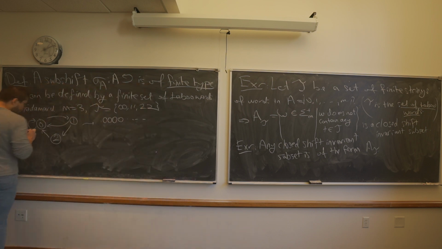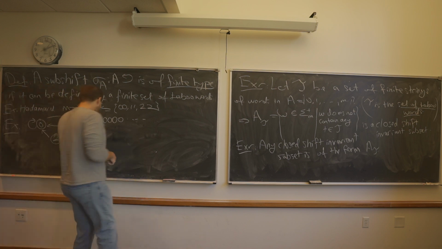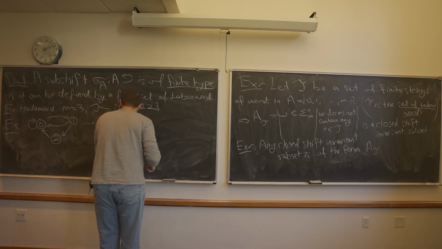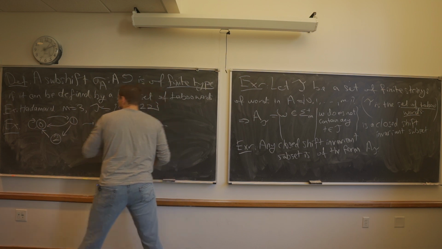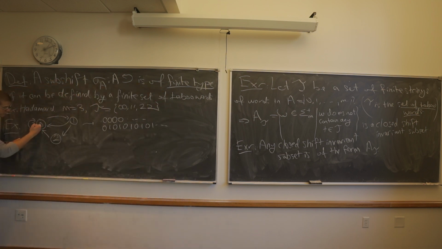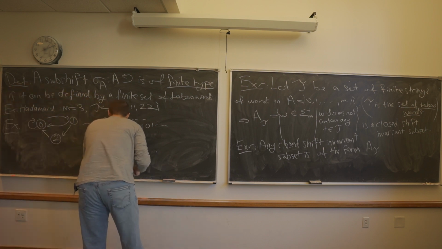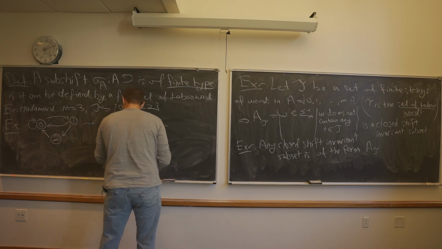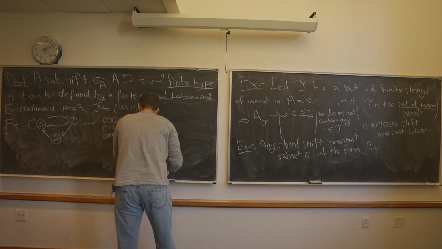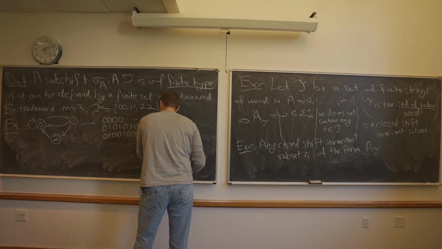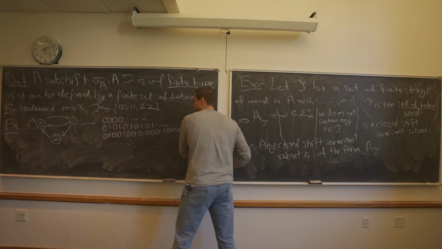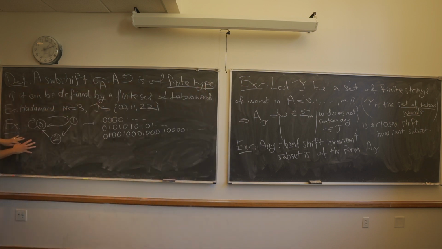But also, I can do something like this, for instance. I can go from 0 to 1, and then 0 to 1, 0 to 1, and so on. Or I can do perhaps 0, 1, 0, 0, 1, 0, 0, 0, 1, and so on. Or perhaps something like this.